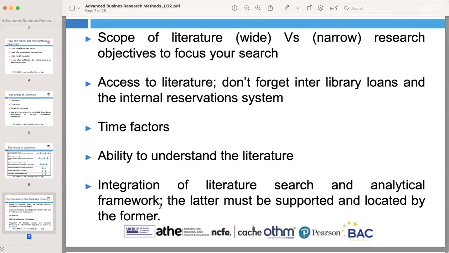When conducting a literature review, we must decide whether to have a wide scope or a narrow focus. A wider scope involves reviewing a broad range of sources, which can be time-consuming and overwhelming. A narrow focus helps us concentrate our search on specific research objectives, enabling us to find more relevant and targeted information.